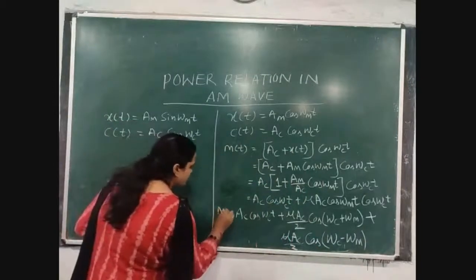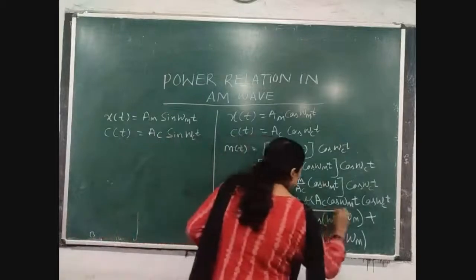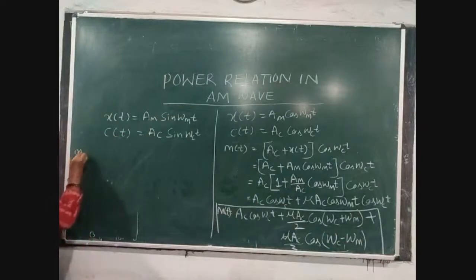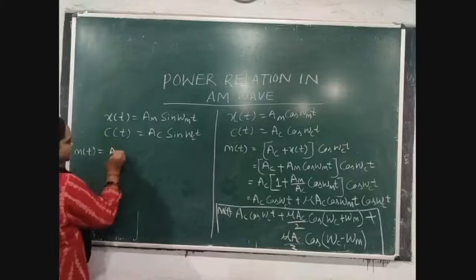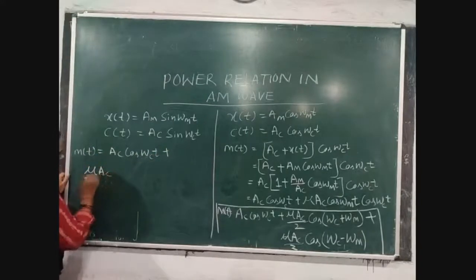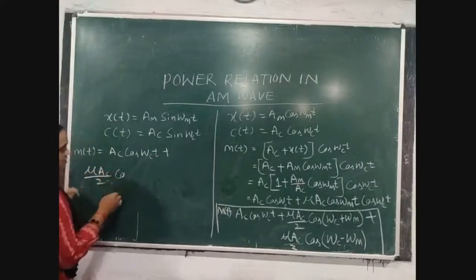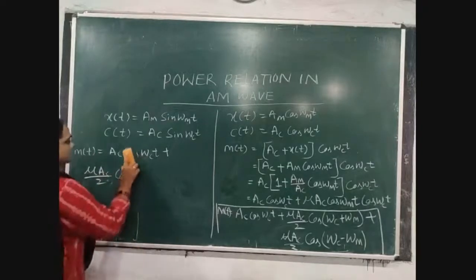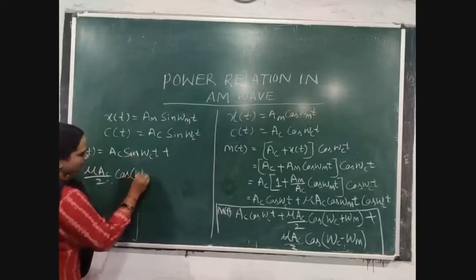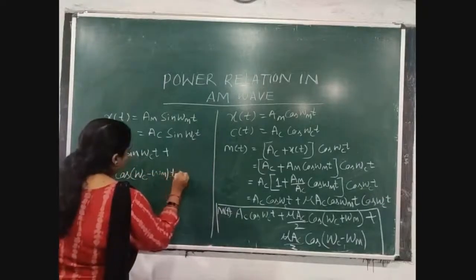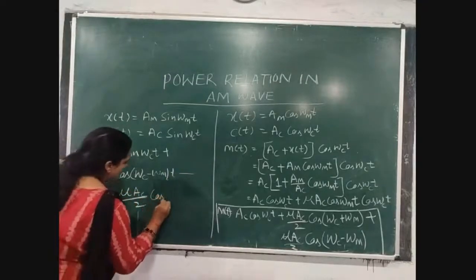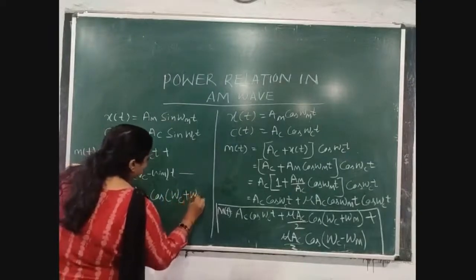Okay, so this one is the equation, and here we find m of t equal to Ac cos omega ct plus mu Ac by 2 cos omega c minus omega m t minus mu Ac by 2 cos omega c plus omega m t.